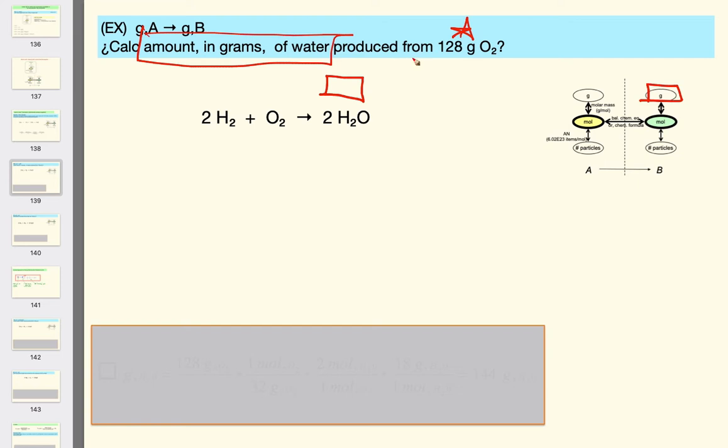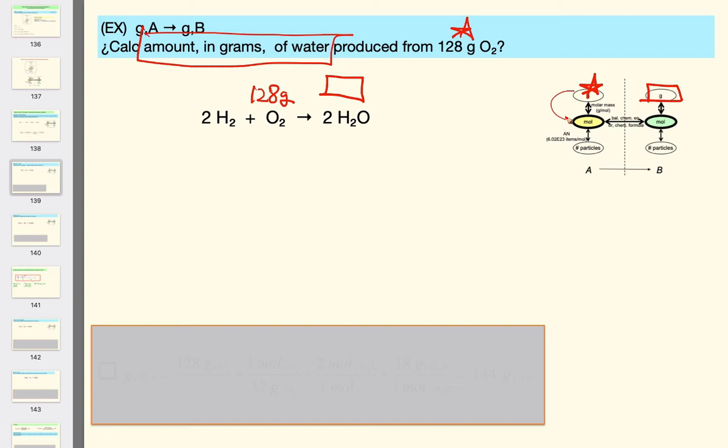And we're using 128 grams of oxygen. So I'm going to put the 128 grams of O2 here. Again, in my mind's eye, what I'm seeing is the star here. As you can see, it's going to be a pretty easy calculation at this point.